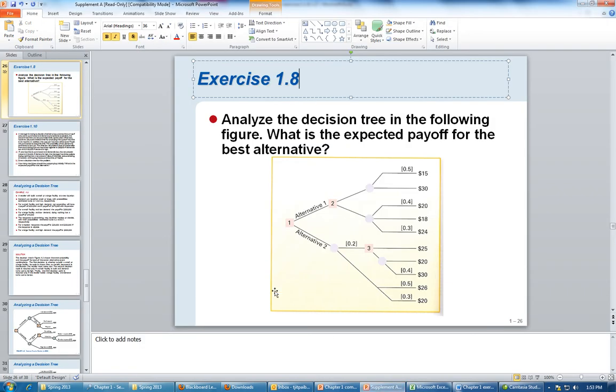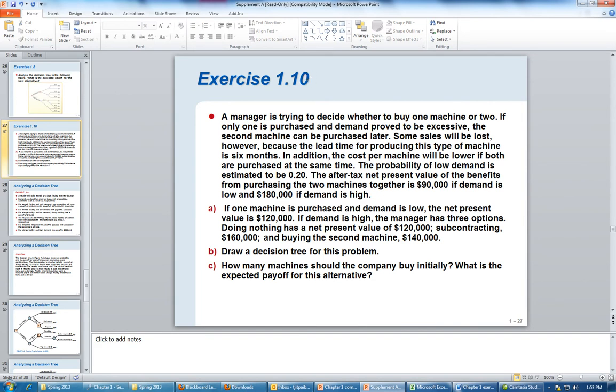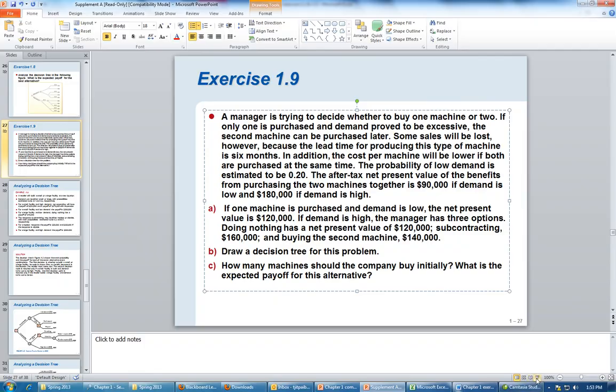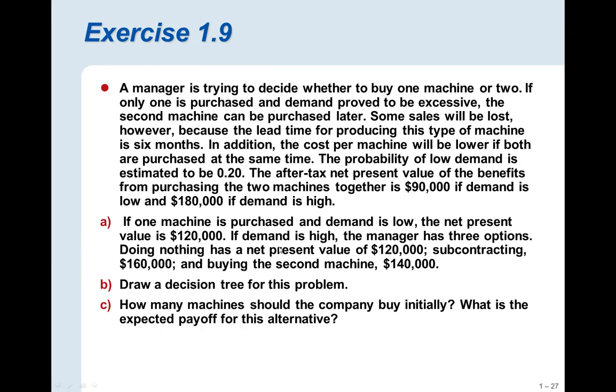Example 1.9 will be the application. So these are like a real world application of the decision tree.